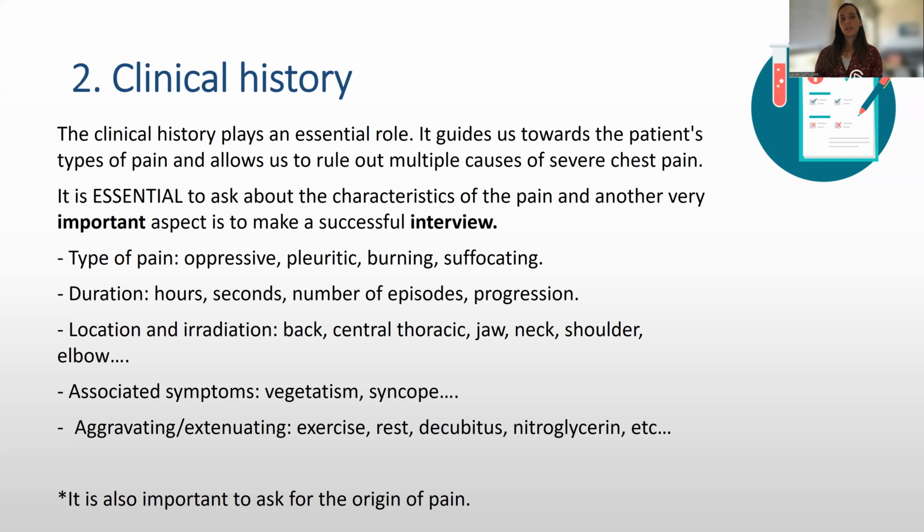Sometimes when you see that the patient gets better with the administration of nitroglycerin, you can decide what type of pain this is. And it's also very important to ask for the origin of this pain, when it happened, like when it starts, at what time, and what the patient was doing.